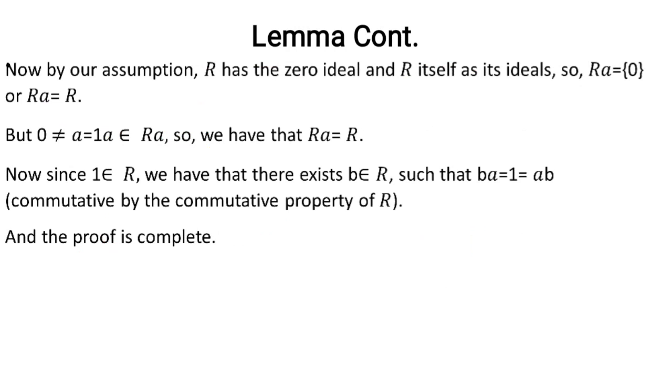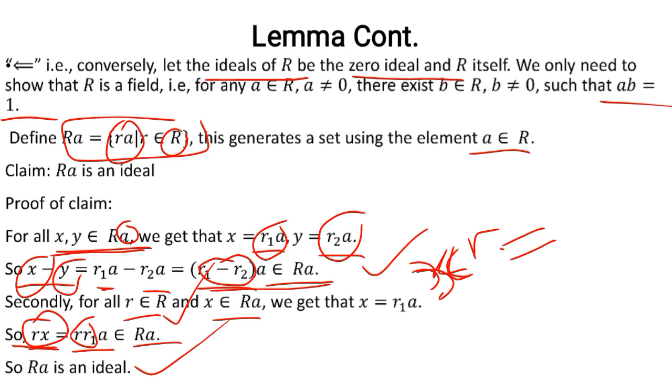Okay, so now it's an ideal. Now by our assumption, R has the 0 ideal and R itself as an ideal. Wait, our assumption is that the only ideals are R itself and the 0 ideal, and I've shown that this is an ideal.